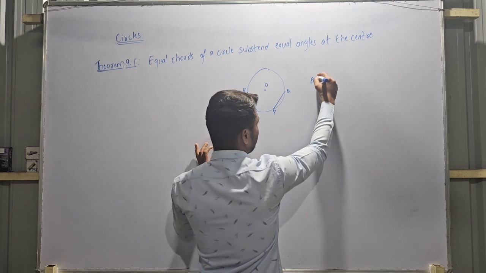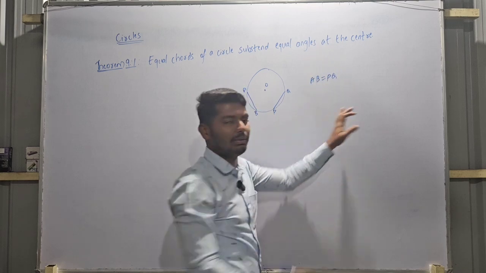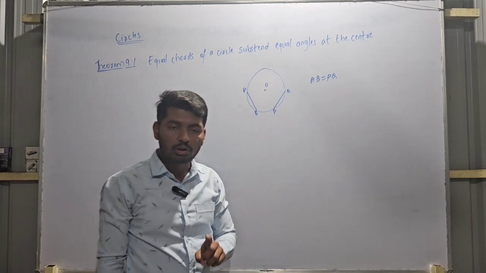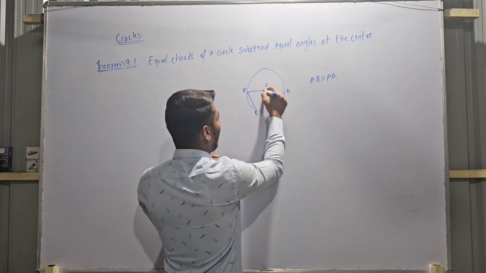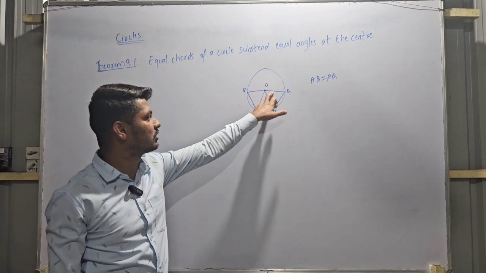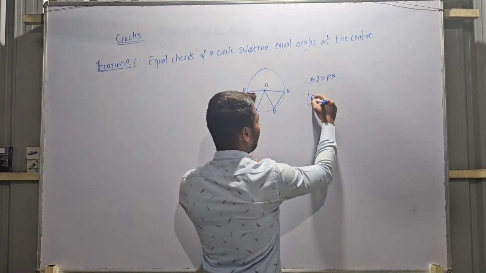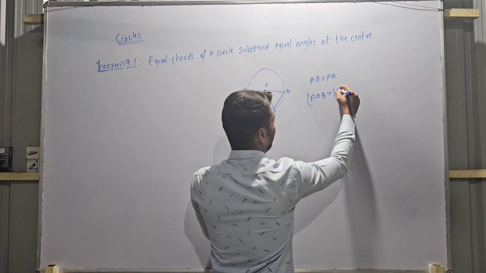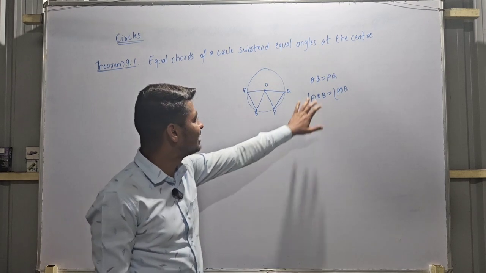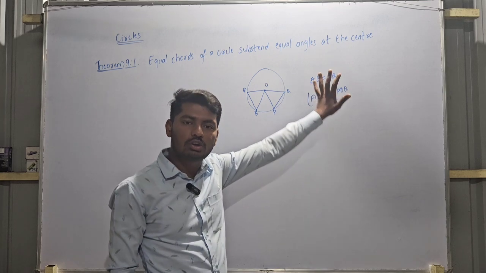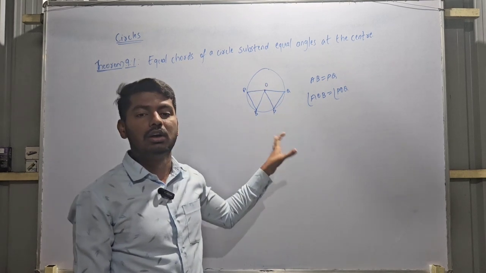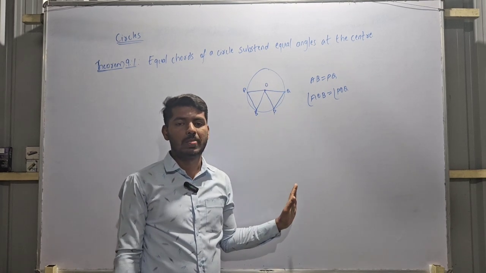Given that AB is equal to PQ, that means both chords are equal, so the angles subtended by these chords are equal, that is, angle AOB is equal to angle POQ. This is the statement of the first theorem. That means if the chords are equal, then the two angles subtended by those chords at the center are equal.